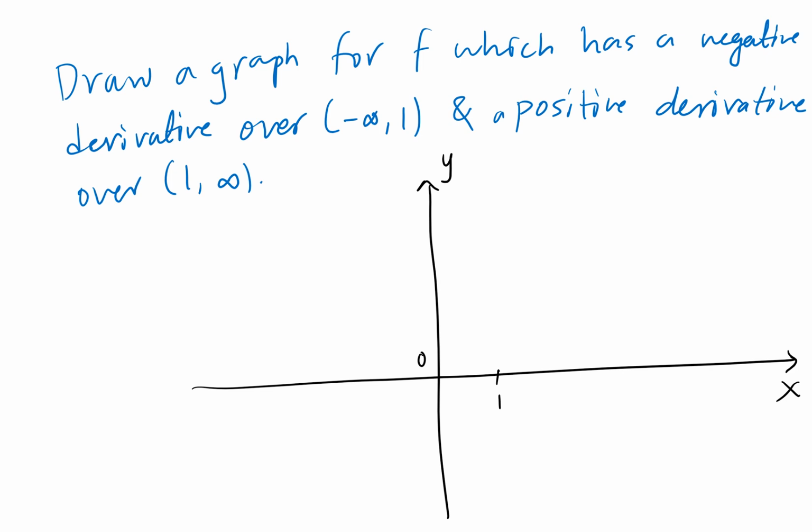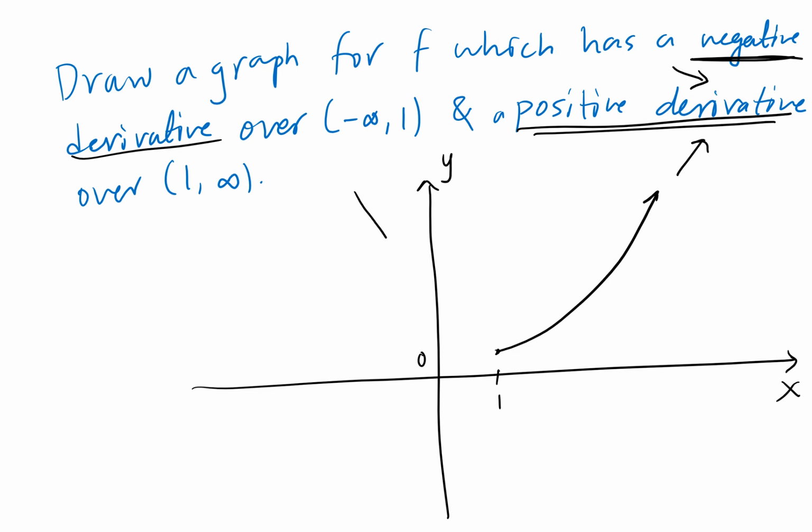Negative derivative means the graph is decreasing. Positive derivative means the graph is increasing after 1. So you can pick any point here on top of 1, and it's increasing after 1 and decreasing before 1. That could be a sketch. You might lift it up or down a little bit, it's fine, but it will all mean the same thing.